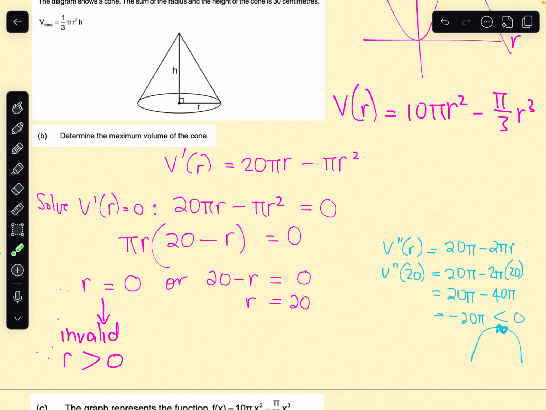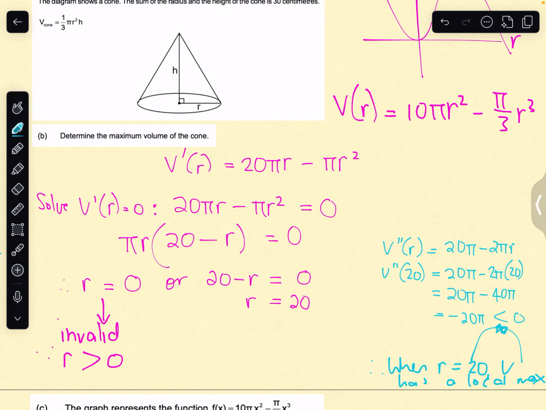And we are looking for the r that will give us the biggest volume, rather. So, yeah, this would be incorrect. We don't want this, we want this. Okay, and so therefore, when r is equal to 20, v has a local max.